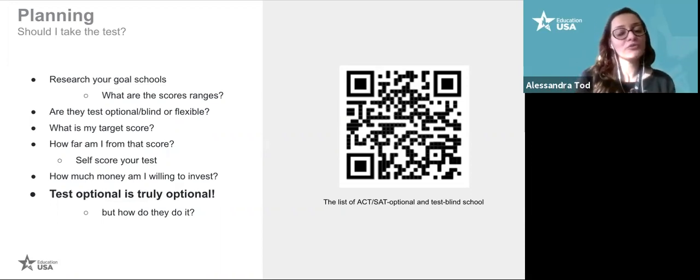In this QR code, you will find a list of all universities that become test optional or test blind. And when the universities are saying that they are test optional, they are truly optional. You don't need to send it. They will review your application always with all your other pieces of application, your essay, your extracurriculars and everything.